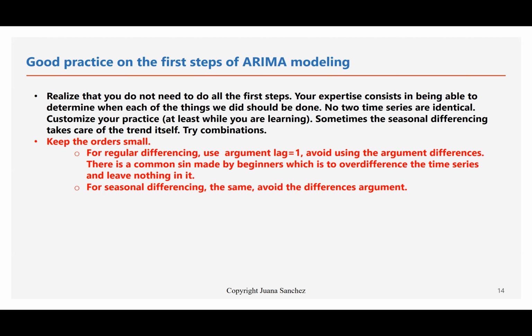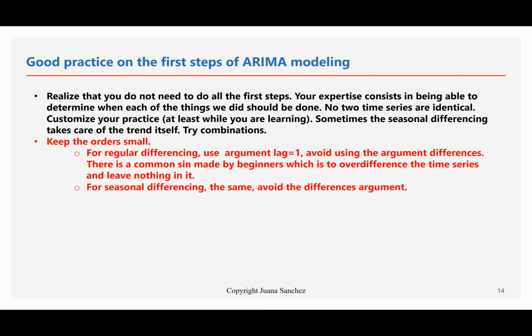Another advice is keep the orders small, okay? People tend to go crazy differencing. And when people use automated methods of modeling, they also do a lot of differencing, so you don't really know what you're fitting. For regular differencing, usually use the argument lag equal 1 in the command diff in R, and avoid using the argument differences, okay? Don't repeat it too many times.